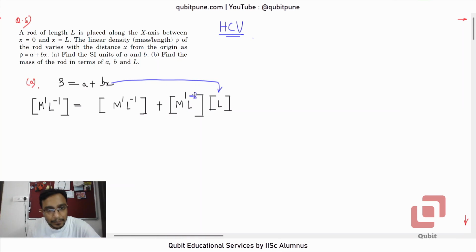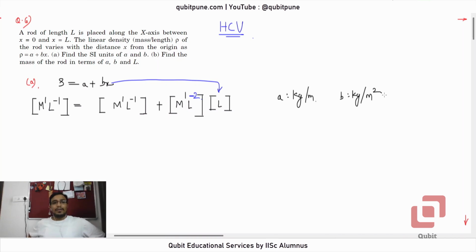Okay, negative 2. Fine. So dimensions are clear. They are asking us to find SI units. So what are the SI units of A? A is kg per meter. And B has to be kg per meter square. That's fair enough.